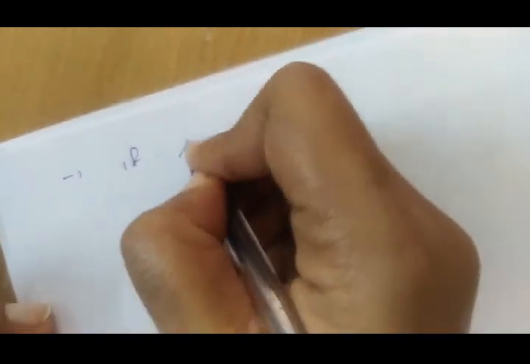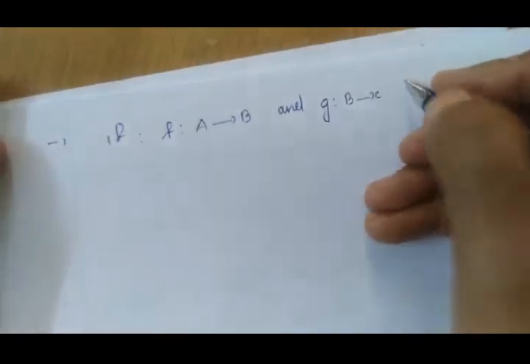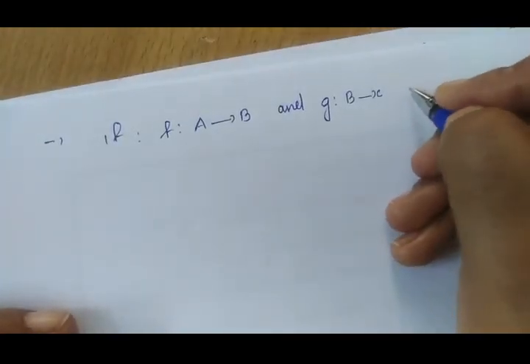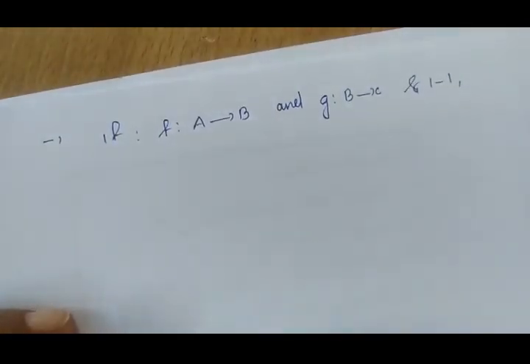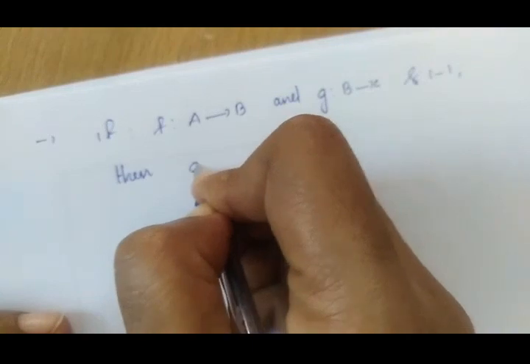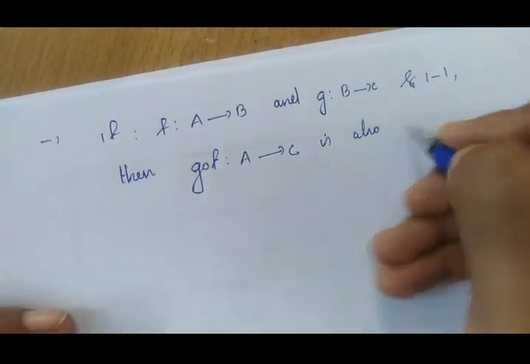Next question. If f is a function from A to B and g from B to C, we have to show that if the functions are 1 to 1, then the composition g f from A to C is also 1 to 1.